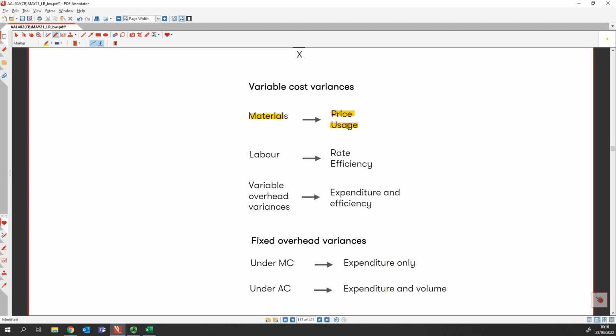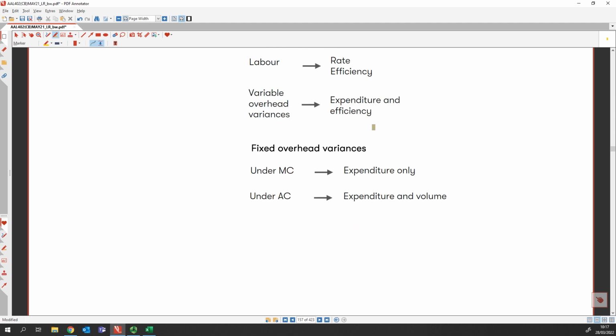We might be using more or less of the material that we're buying in to make the finished goods that we are selling. That would be a materials usage variance. And you have a similar kind of pattern for the labor cost variances and the variable overhead variances. Much more detail coming in the chapter itself.